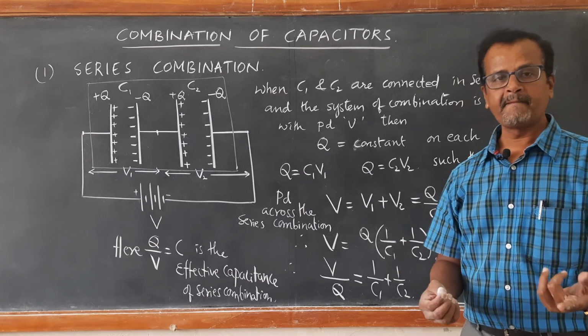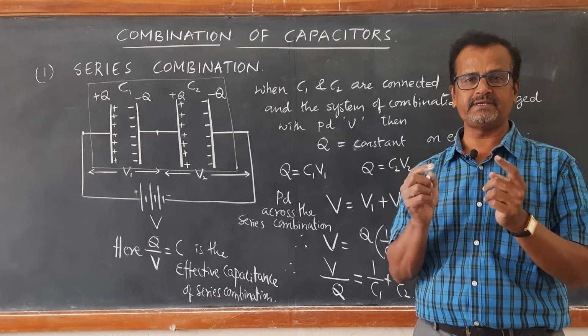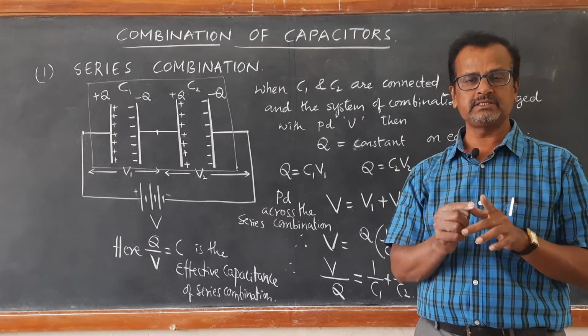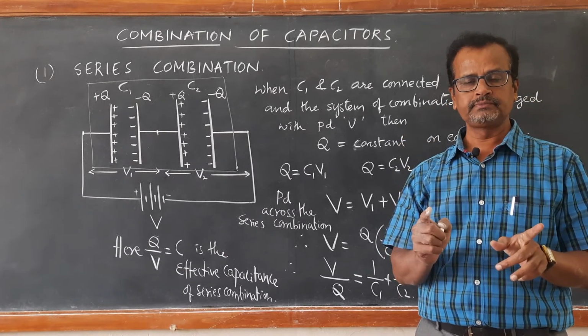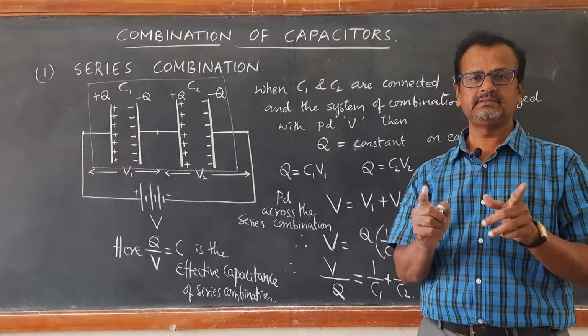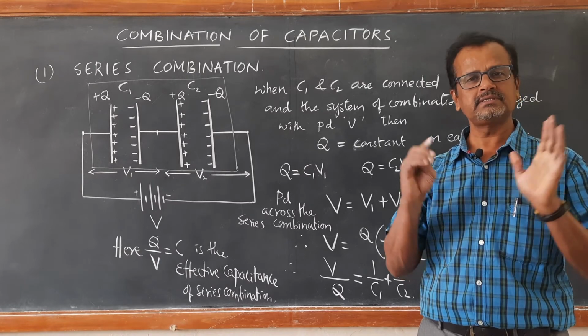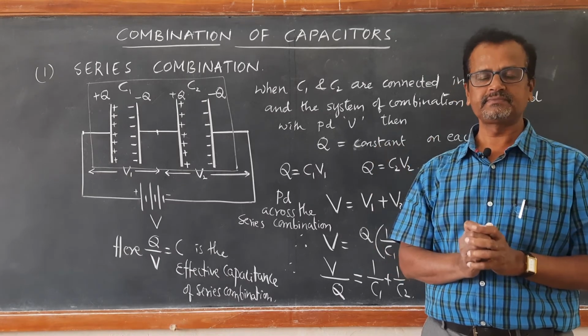In another way, reciprocal of the effective capacitance of the capacitors connected in series is equal to sum of the reciprocals of the capacitance of the individual capacitors, right.